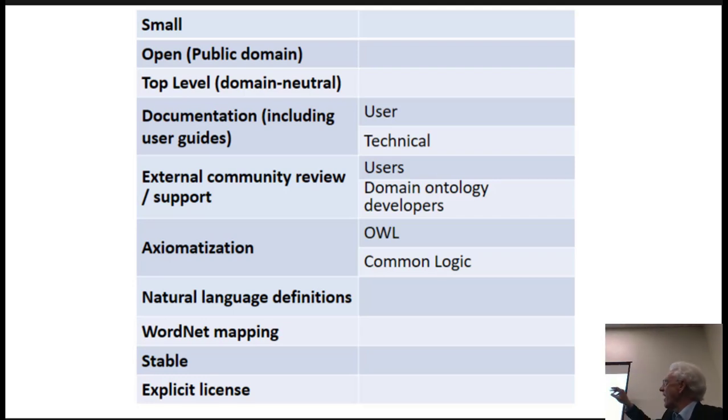In the case of BFO, it has to be a top-level ontology, which means that it has to apply to all domains equally. It shouldn't contain terms like vertebrate. It has to have documentation. It has to be reviewed by aggressive, angry, critical users. And BFO has had a lot of that for many years.